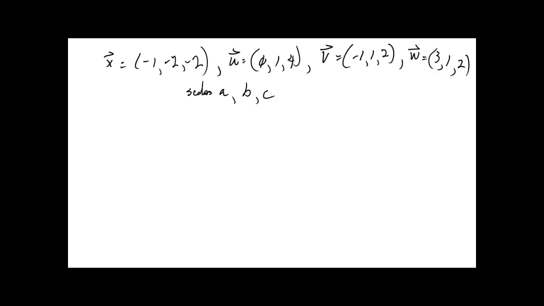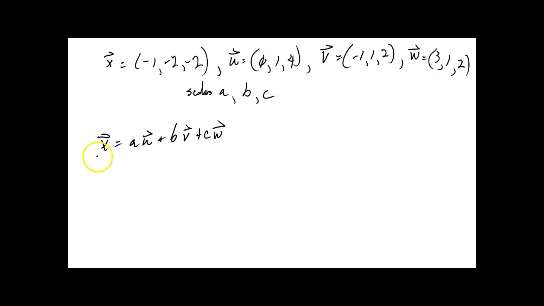Now, it says find the scalars A, B, and C such that vector x is equal to A times u plus B times v plus C times w. Find the scalars A, B, and C that make that true. Okay?